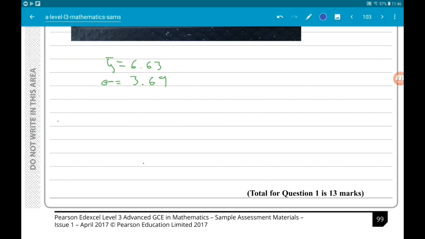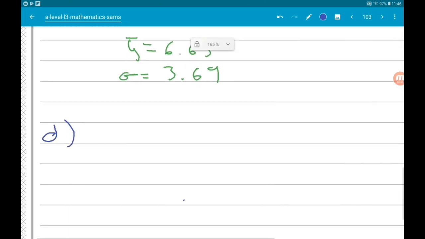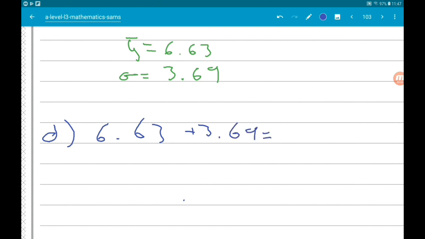So 6.63 plus 3.69, if we carry on going to 3 sig figs, is 10.3.